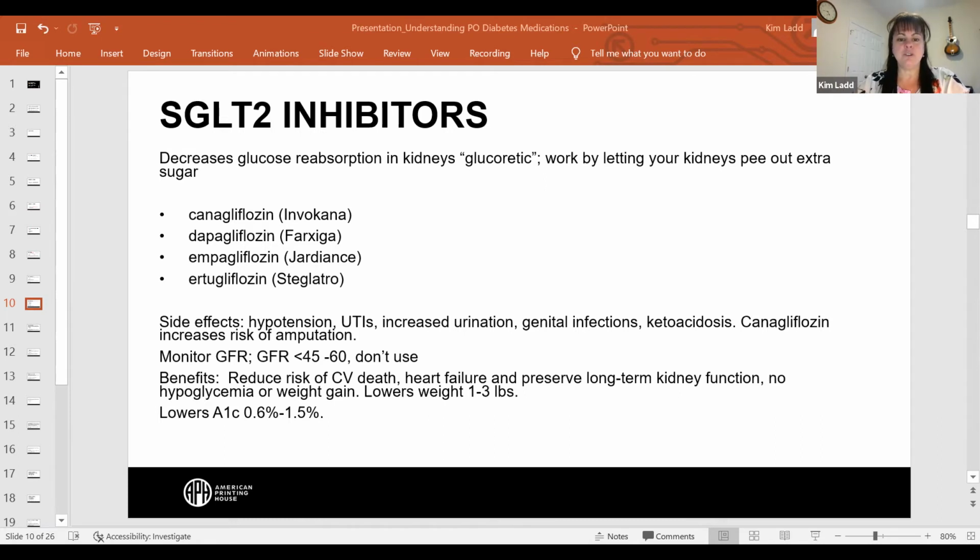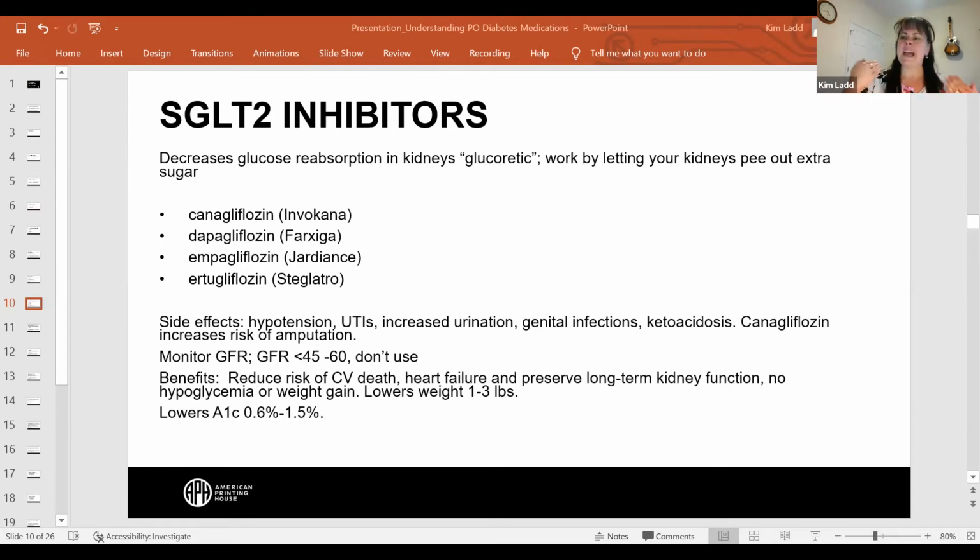What happens is your kidneys hold on to the sugar and then you pee it out. So if anyone's ever been on a diuretic for high blood pressure, or you have swelling or edema and they put you on a diuretic medication, that medicine works by your kidneys collecting the fluid in your body and then you pee it out. So this kind of works the same way, but with sugar.